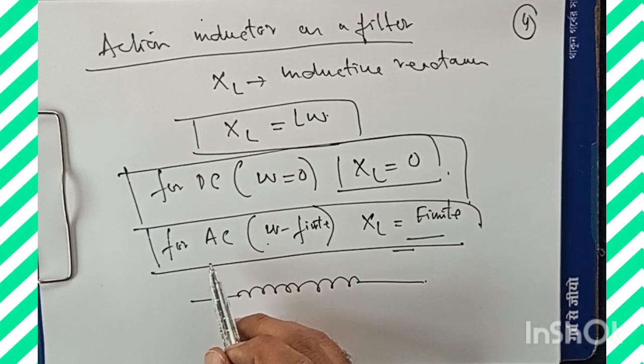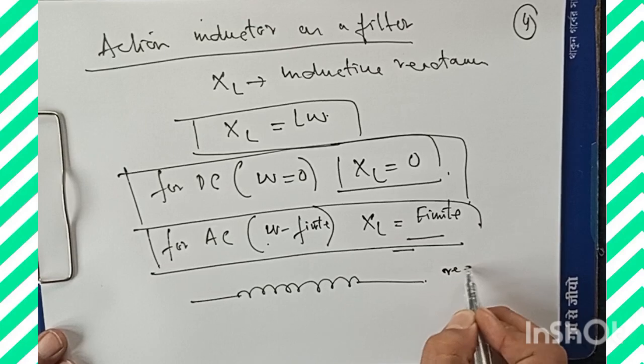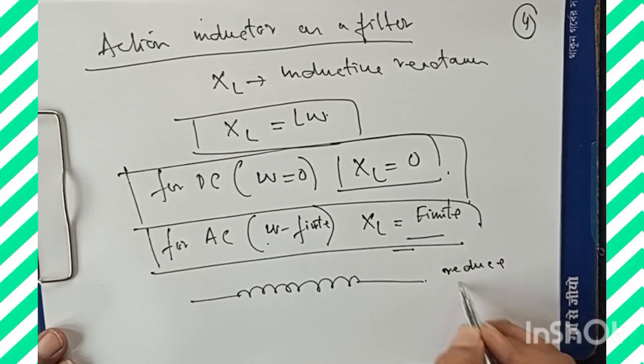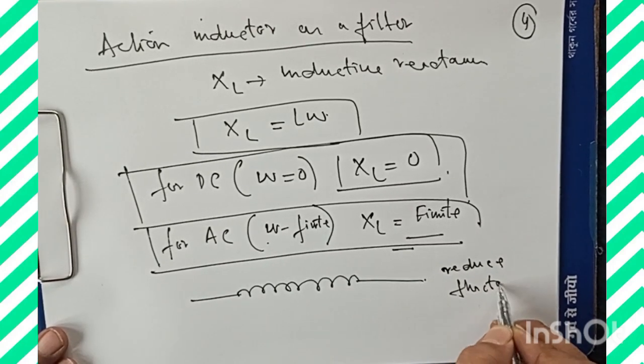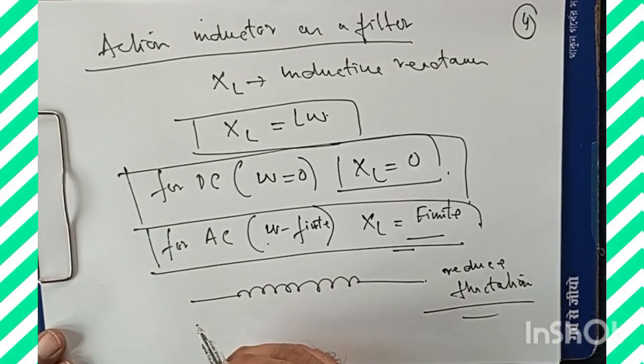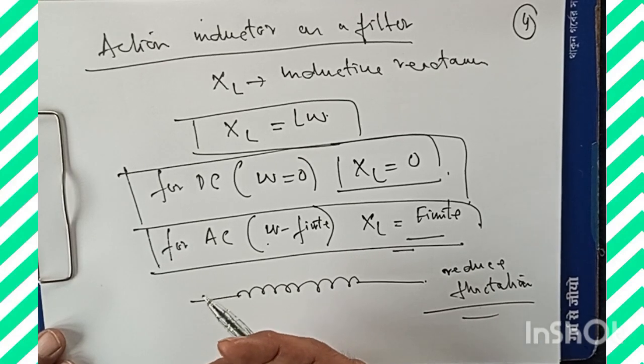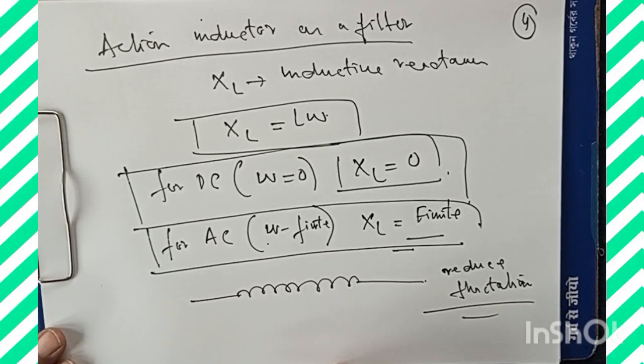Therefore, the inductor filters reduce the fluctuation that is present in the outputs of these rectifiers. So I can say that these filters reduce the fluctuation of the voltage across the load resistance RL that I was talking about.